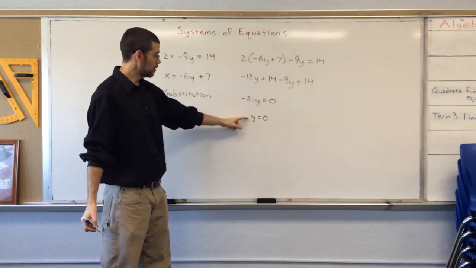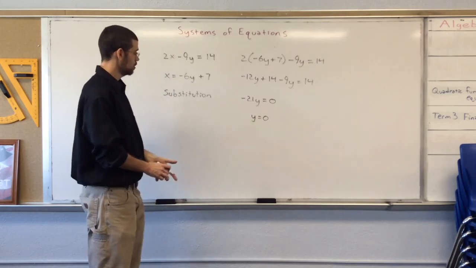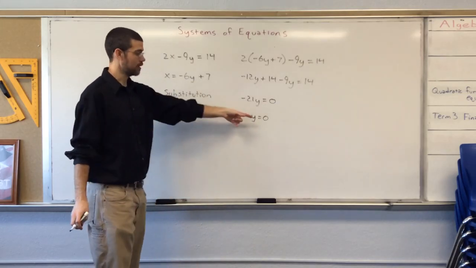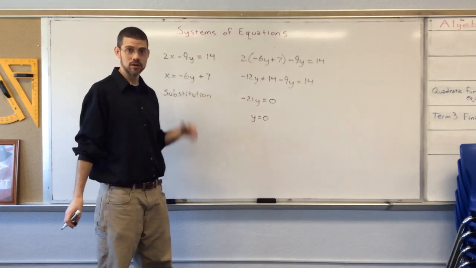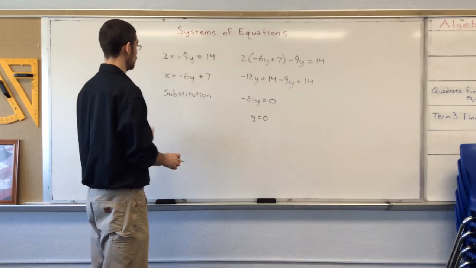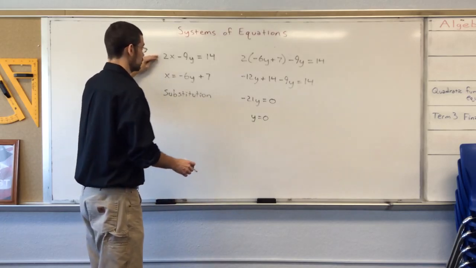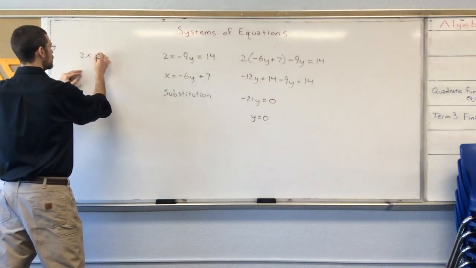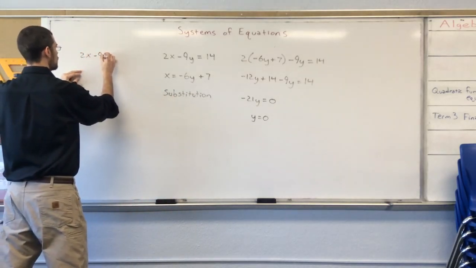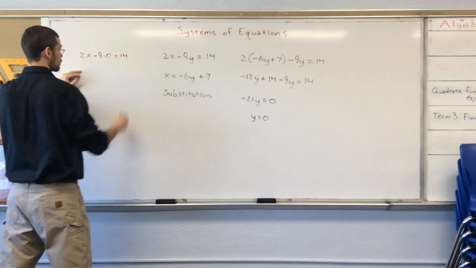Now, look at that. We have a number, y equals 0. Well, if y equals 0, I can replace y in these equations with 0 because they are equivalent to each other. So let's see what happens if we do that with our first equation. We get 2x minus 9 times 0 equals 14.